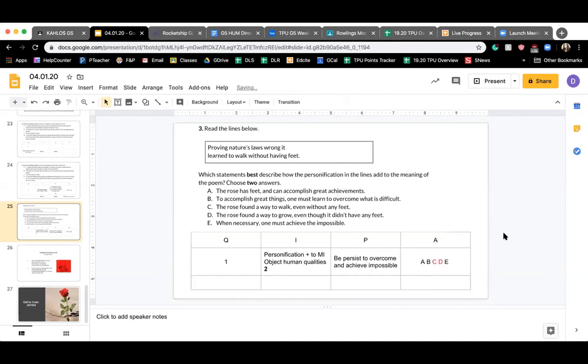Those are just wrong. That's really impressive that absolutely nobody chose C or D. That the rose found a way to walk even with no feet, and the rose found a way to grow even though it didn't have any feet. You realized that that was the literal meaning, and we know personification is a form of figurative language, so we need to dig deeper into how it adds to our main idea. So you were stuck between A, B, and E.